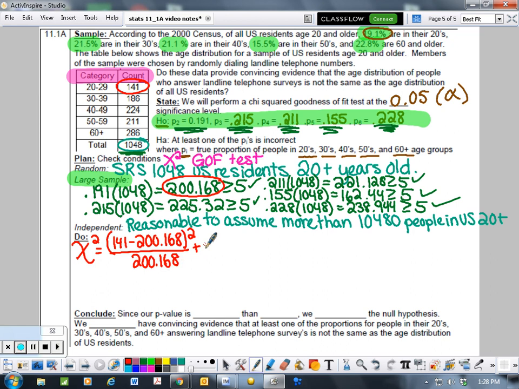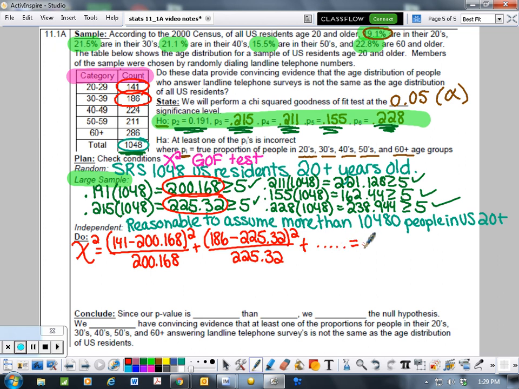And then I'm going to do the same thing for each one of those. So now I'm going to go to 186. I'm going to subtract my expected amount, which is why we list those out in those large samples, minus 225.32, squared, and then I divide by the 225.32. And then all I have to do is list out those.